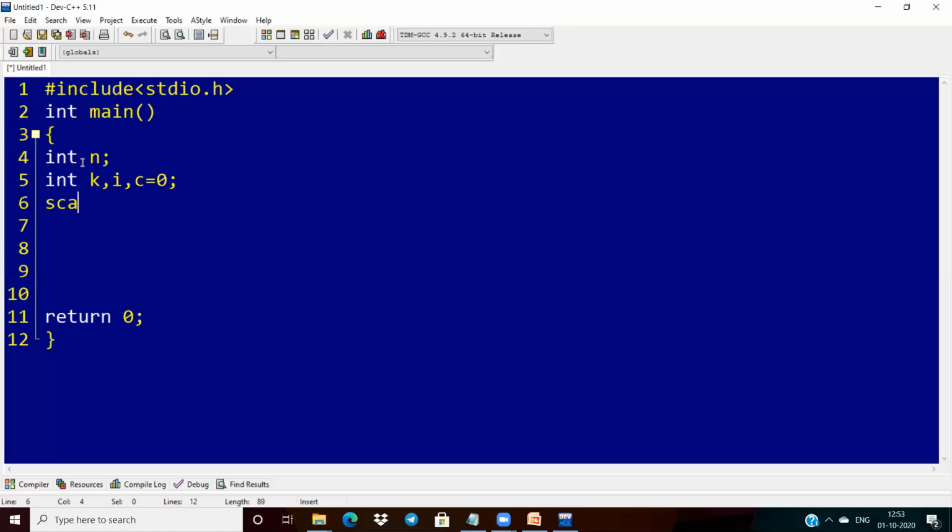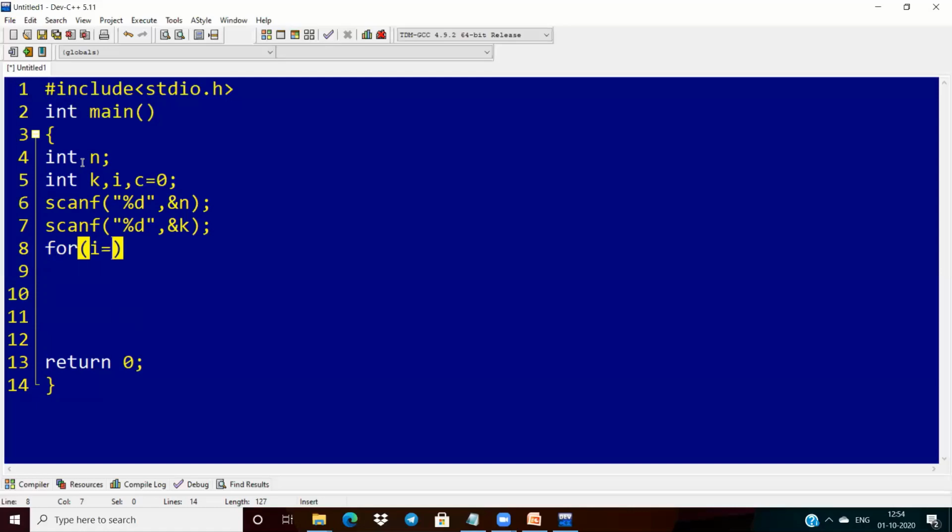First of all, read the input: scanf percentage d, ampersand n. After that read the kth value: percentage d, ampersand k. Now, since I want the largest factors, I can first store the n value in i and decrement it down to 1.